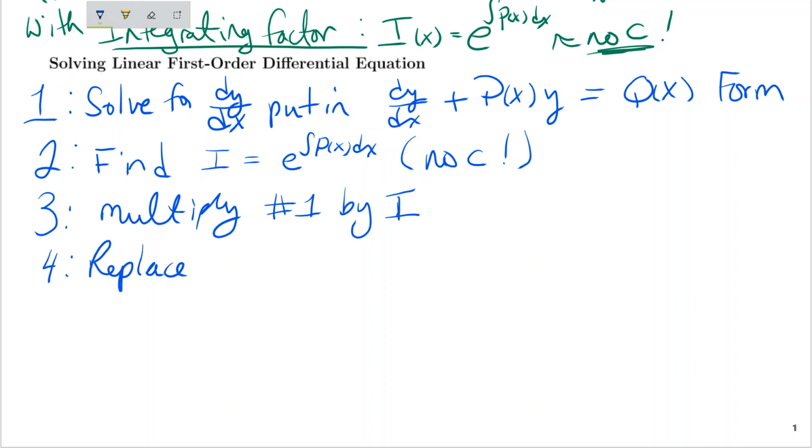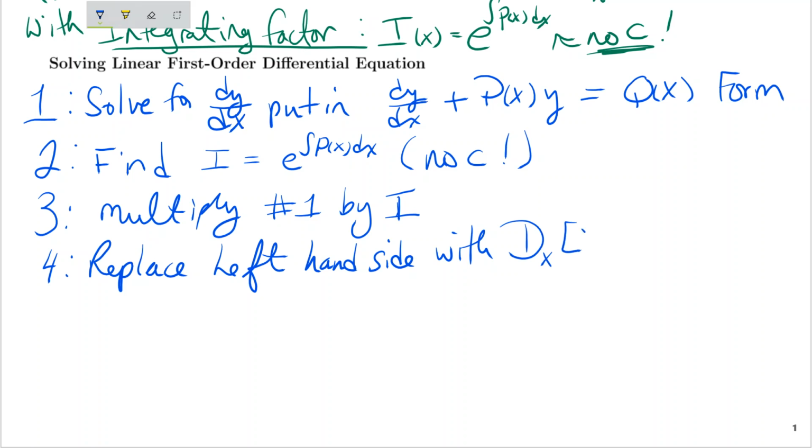Replace the left-hand side with big D of the product of I and y, because that's what it always is.